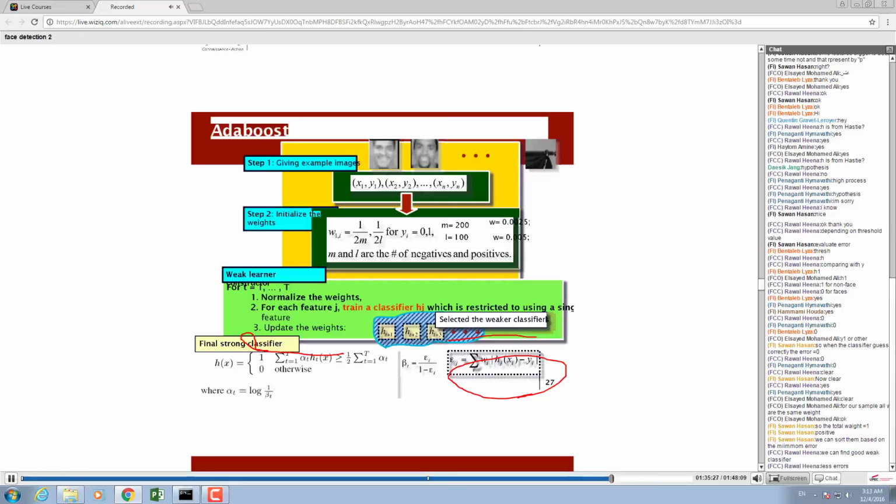So first we selected classifier H1. It is not perfect, not 100%, but anyway, it's the best one.